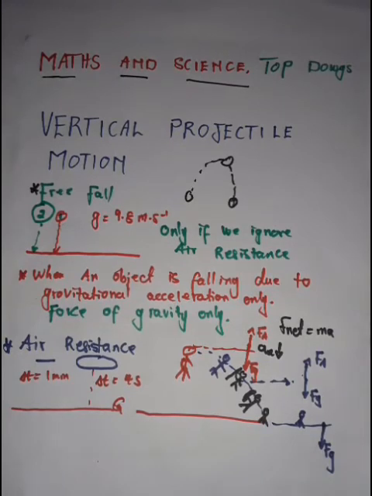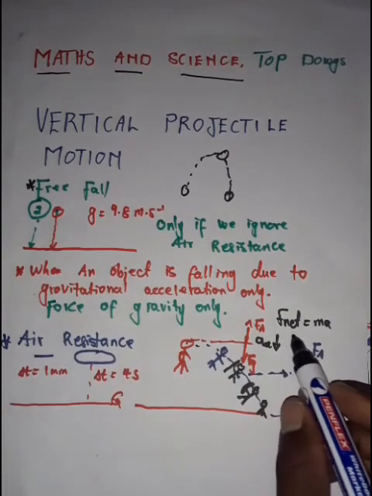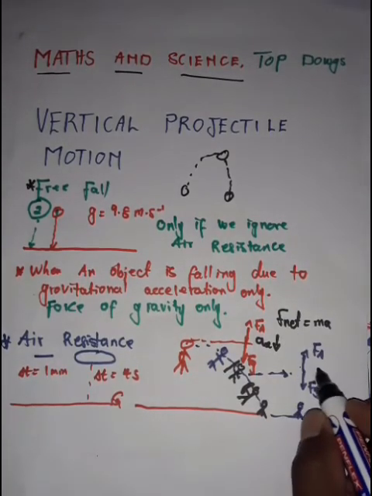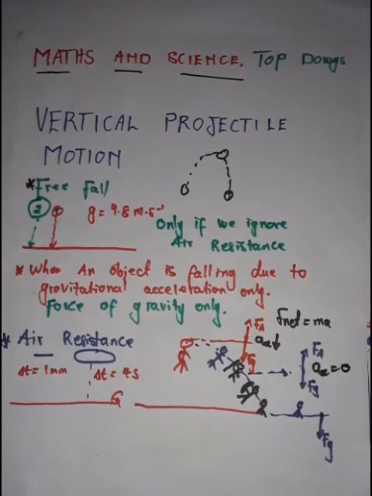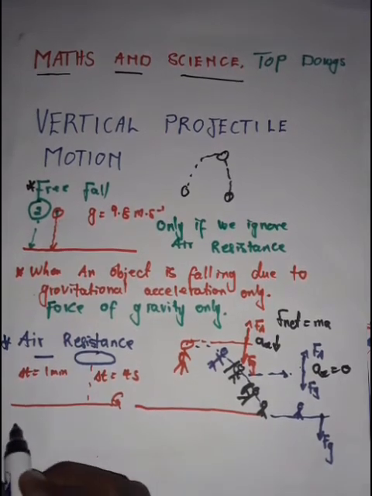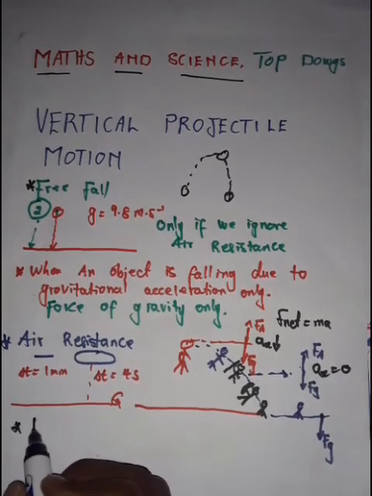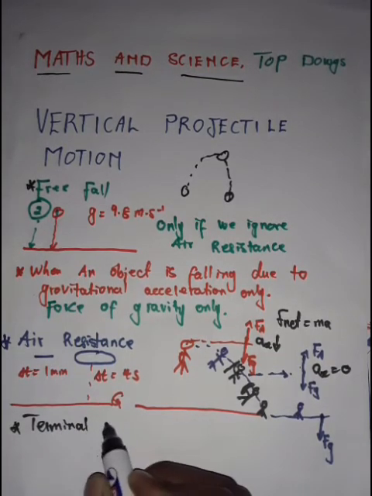At the second point, since this is equal to that, the F net is going to be 0. If the F net is 0, the acceleration at this point is 0, and that's what we call terminal velocity. If acceleration is 0, the object reaches what we call terminal velocity.